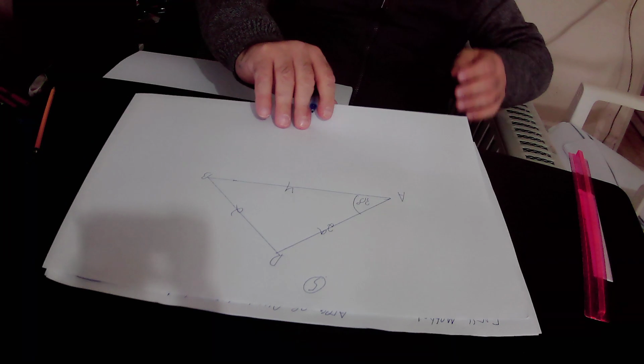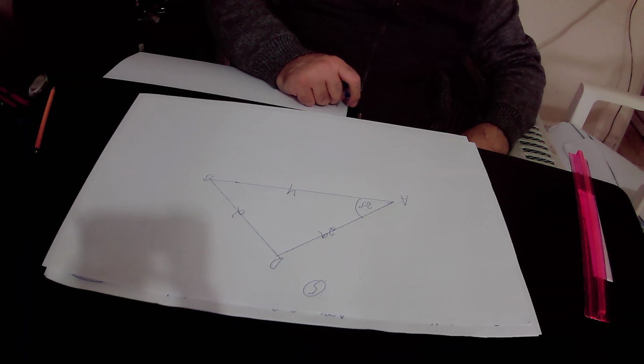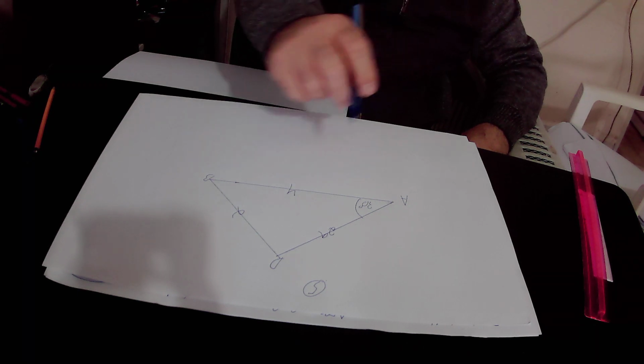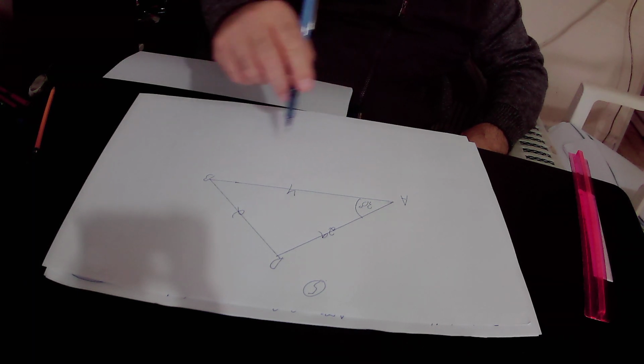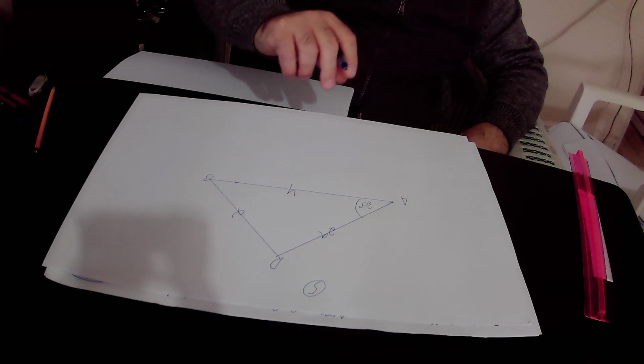So this is triangle ADB that I copied from the original drawing. We know that AD equals 2a, AB equals 4 units, and DB equals 2 units.